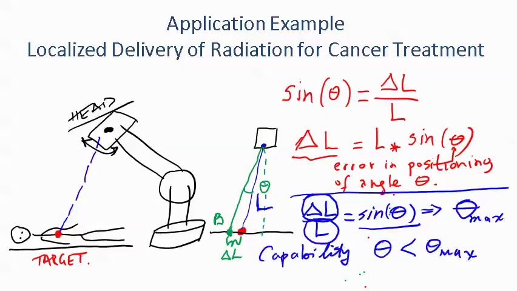So if theta maximum is 1 degree, then our hardware must have better resolution in measuring that angle.